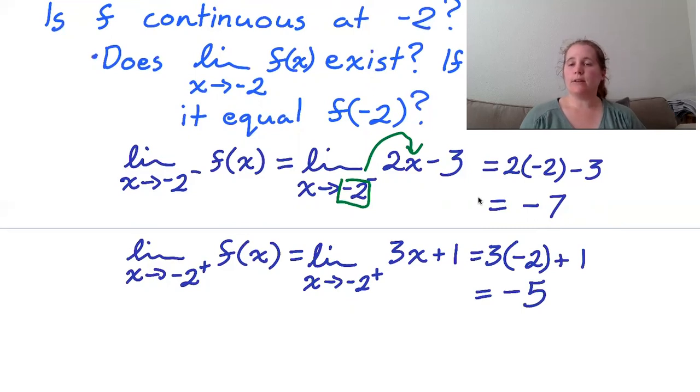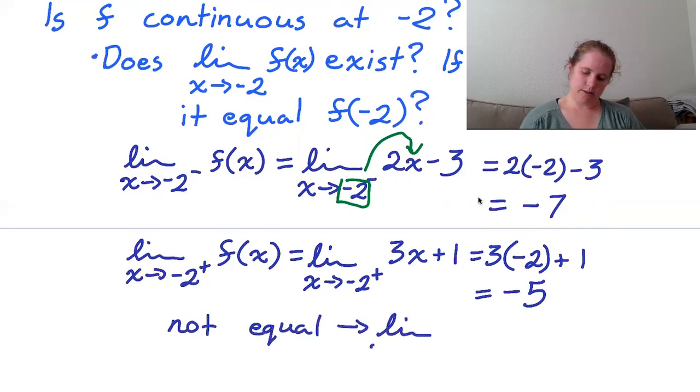So since these are not equal, the limit does not exist. So we have that the limit as x approaches -2 of f of x does not exist.